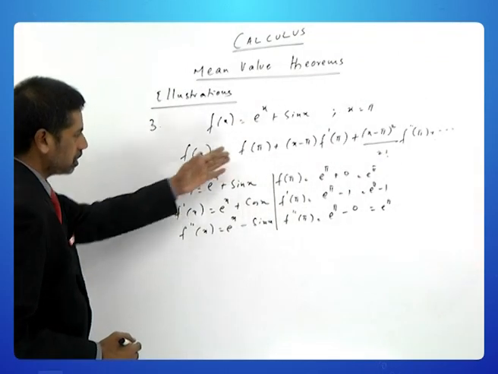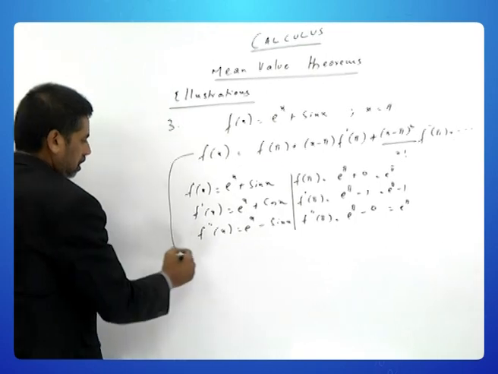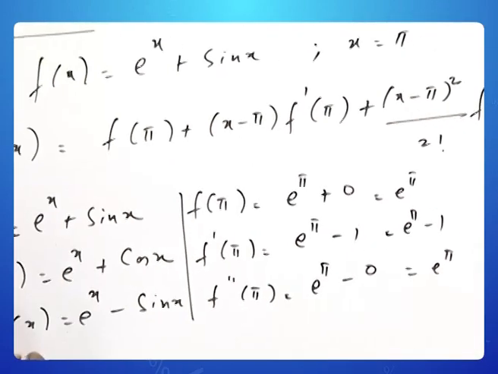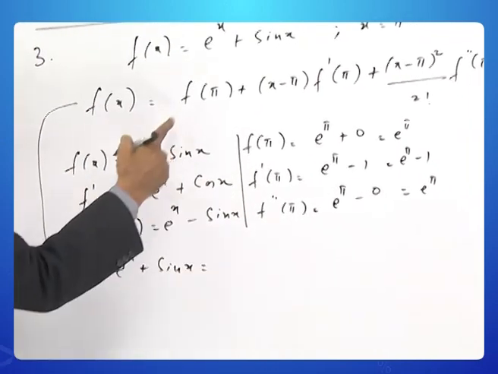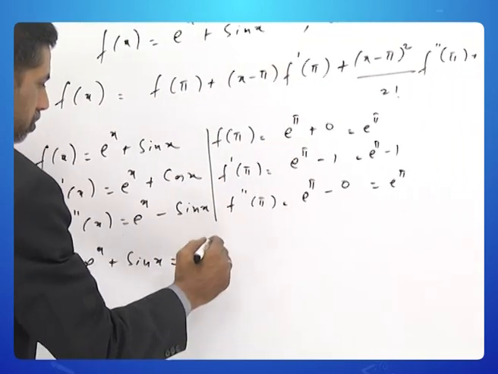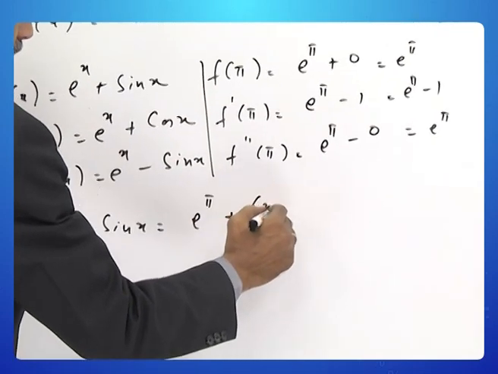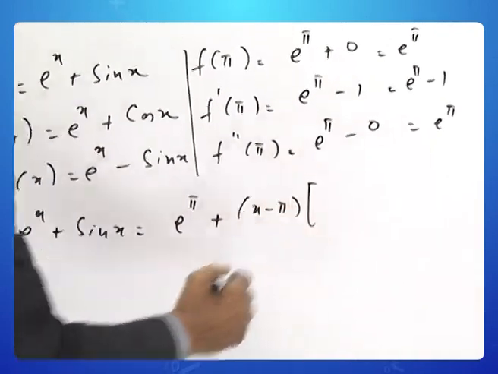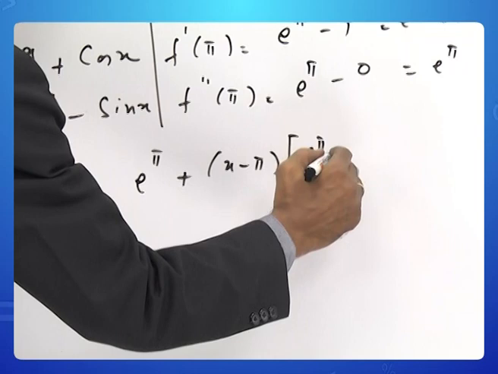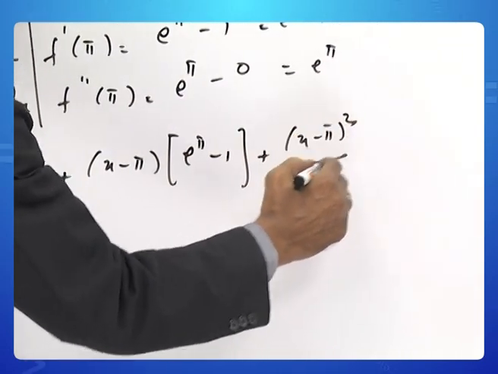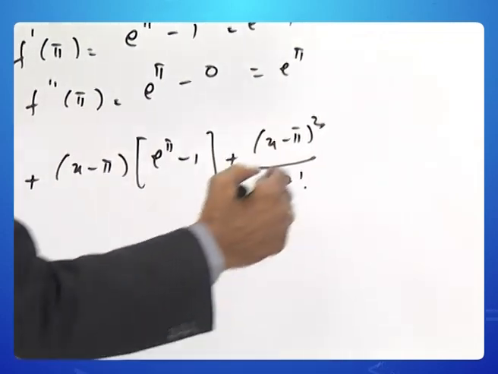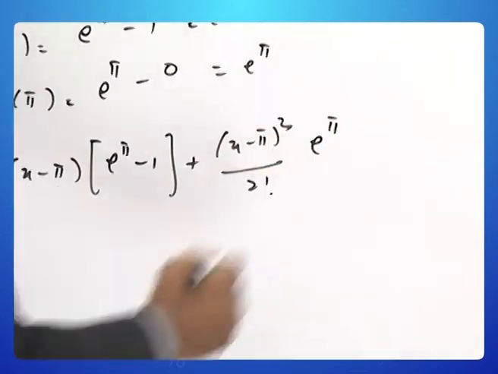So, let us substitute in the Taylor's expansion formula. E power x plus sin x is equal to f of pi is e power pi plus x minus pi into e power pi minus 1 plus x minus pi whole square by 2 factorial into e power pi.